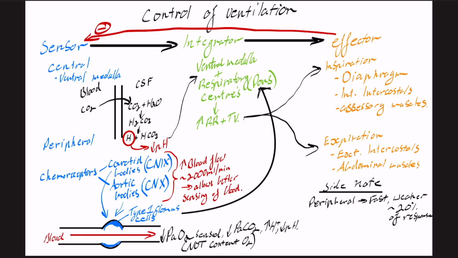It accounts for about 20% of your expected respiratory response to the change, while your central chemoreceptors, which are sensitive to PaCO2, but not directly, it's through that crossing into the CSF, making the CSF more acidic, account for about an 80% response, and it's a more prolonged response.